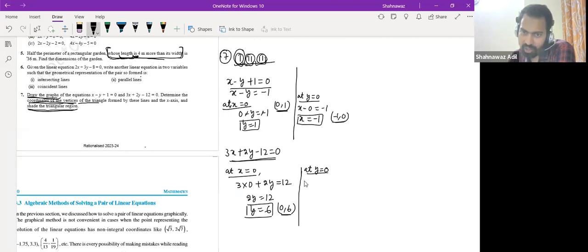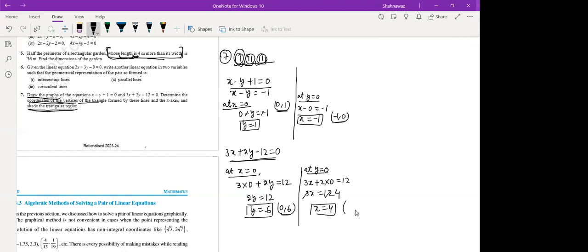So at y equal to 0, 3x plus 2 into 0 is 12. So this would be 3x equals to 12. So x is 4. So the point is 4, 0.